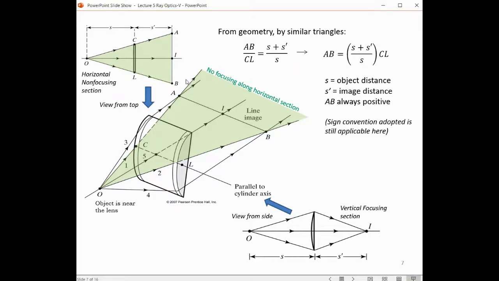So in other words, AB would then be equal to S plus S prime over S multiplied by CL. S, as you can see here, is the object distance, and S prime would be related to the image distance.